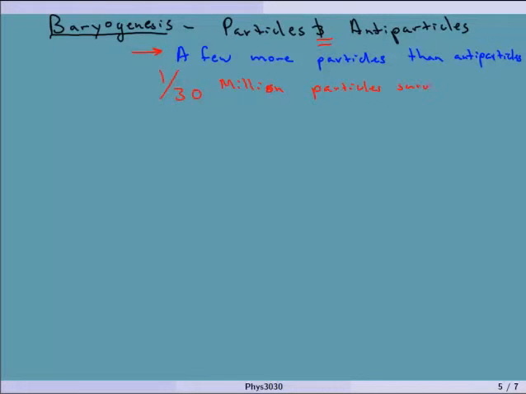So there were a lot more particles at one point in the world, and antiparticles, but they all collided with each other and formed a ton of photons again, and we're only left with 1 in 30 million of them. Okay, and this is called baryogenesis. What it basically means is that we have all of these particles left over, and the baryons are really those heavy ones like the protons and the neutrons, and so that's what we're left with.